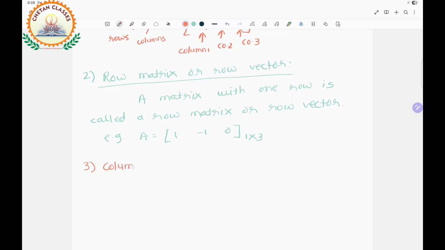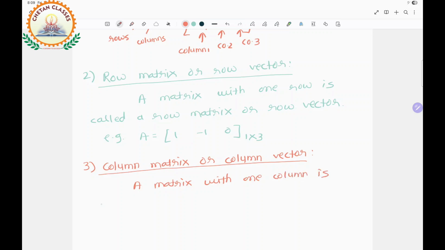Next type, column matrix or column vector. So definition, a matrix with one column is called a column matrix or column vector.